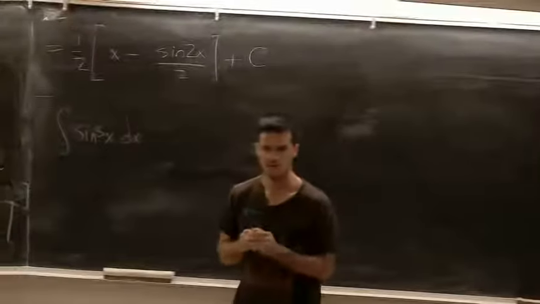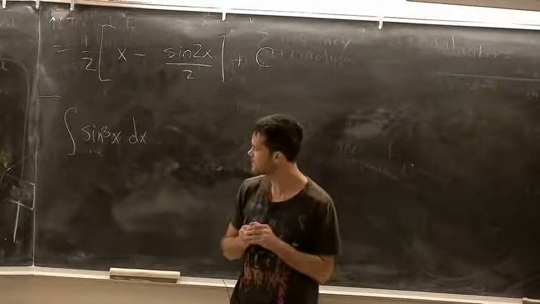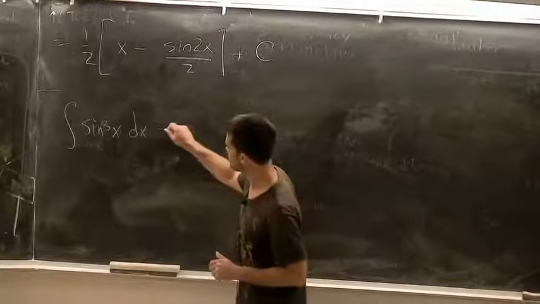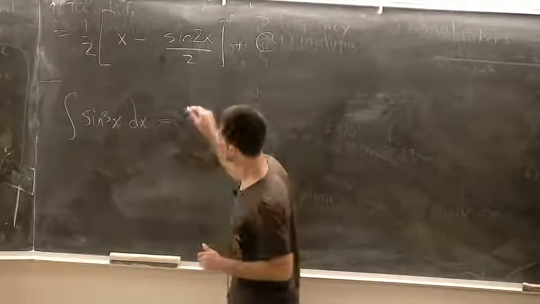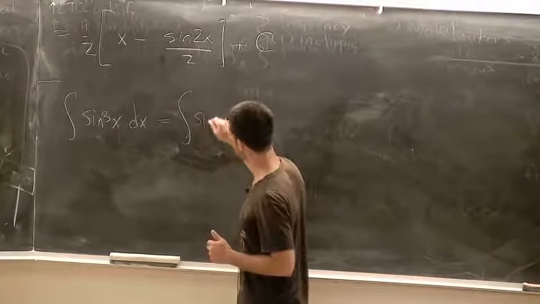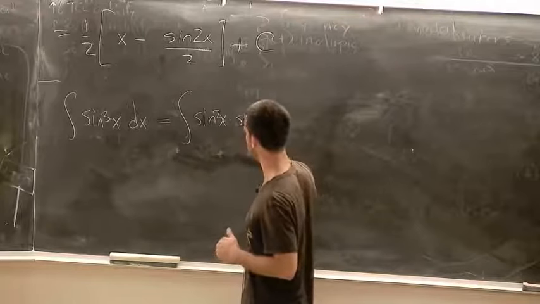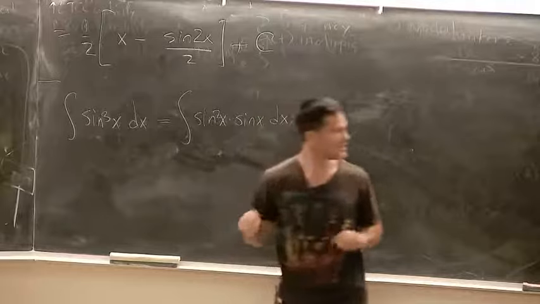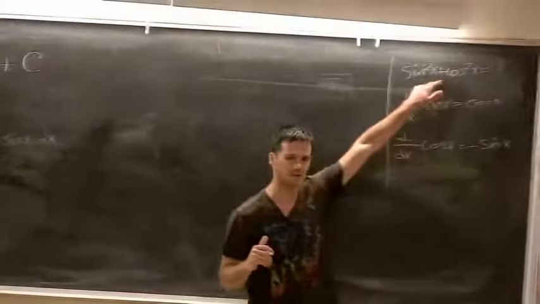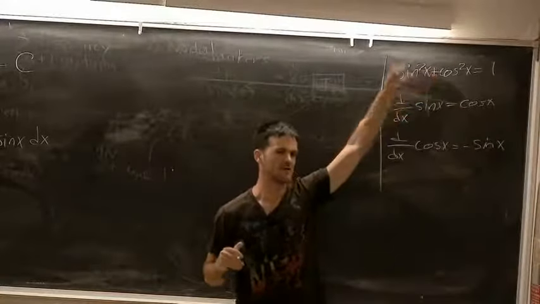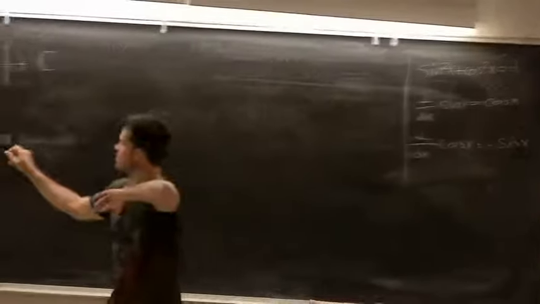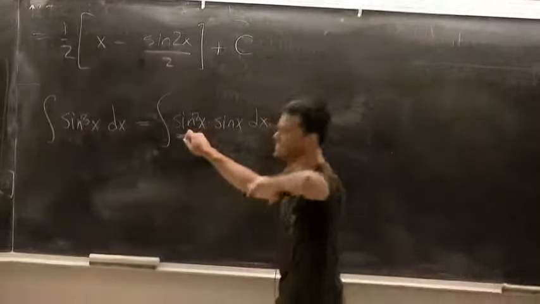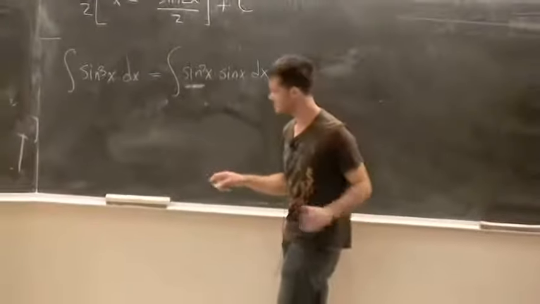So here's the trick. I'm going to break this up into a sine squared times a sine. And then I'm going to use the Pythagorean identity to get rid of all the sines in this term and replace them with cosines.